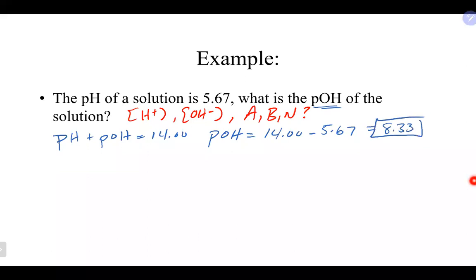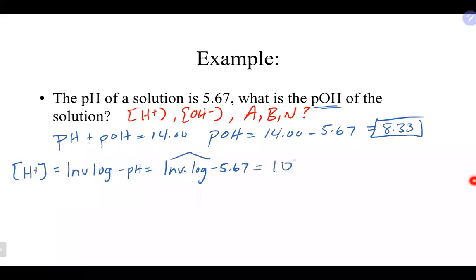At this point as well, since we do have the pH or pOH, we can get the H plus and OH minus concentration. The H plus concentration would be the inverse log of the negative pH. So that would be the inverse log of minus 5.67. Once again, when you do this part on your calculator, most of them will put that 10.